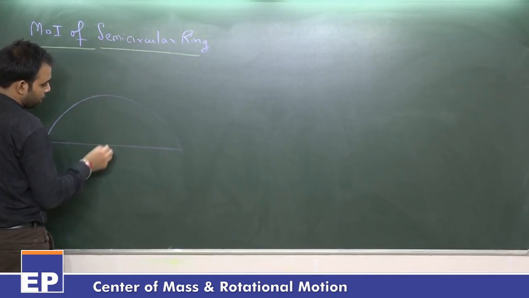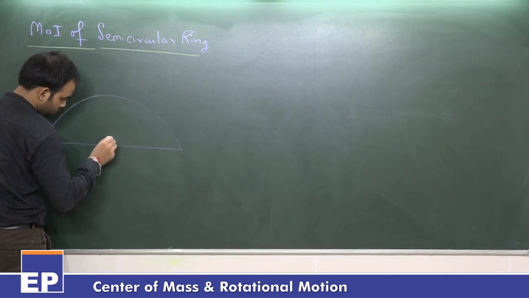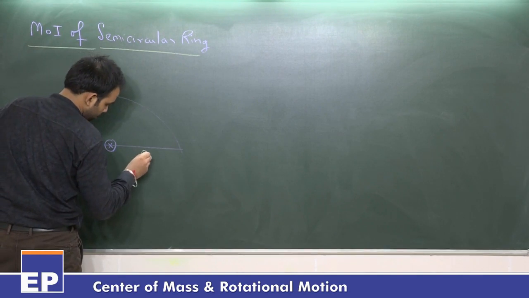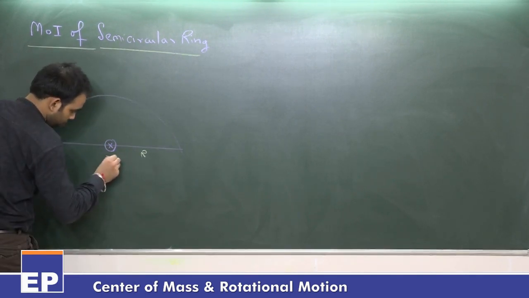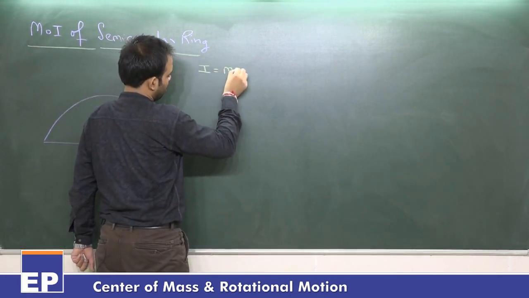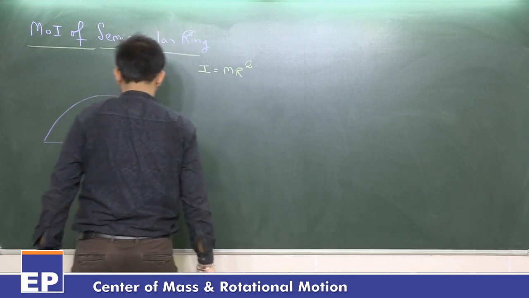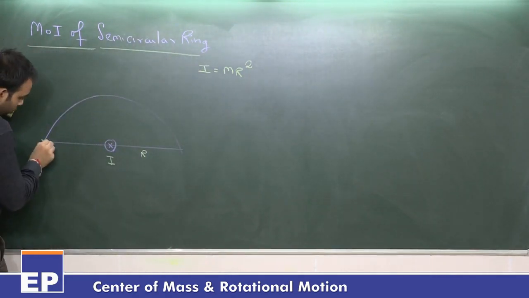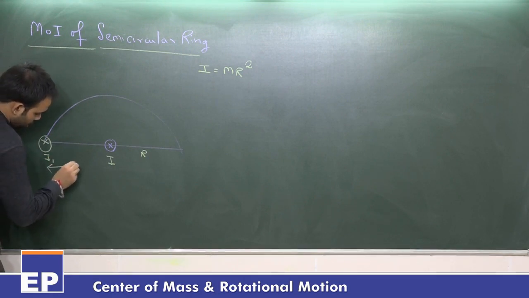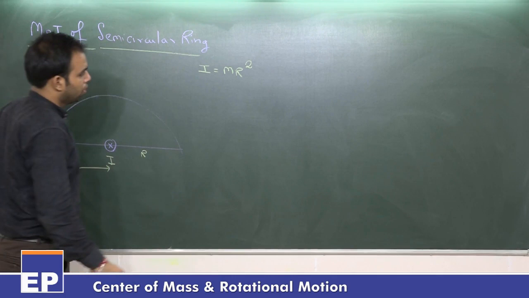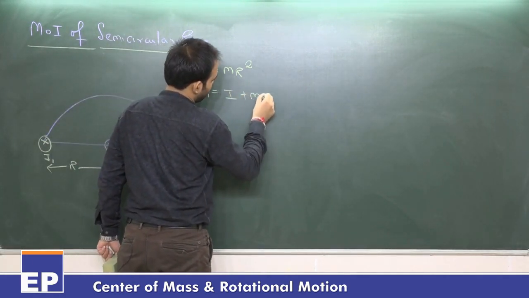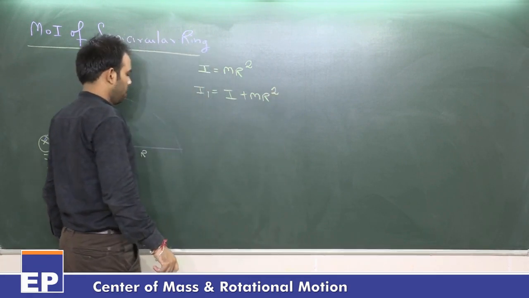First of all, I am discussing about that axis passing through its center and perpendicular to it. Its mass is m, radius is r. What is I? mr square. If I want to calculate about that axis, it is I1. Distance between them is r. So I1 will come out to be I plus mr square, because I is passing through center of mass.